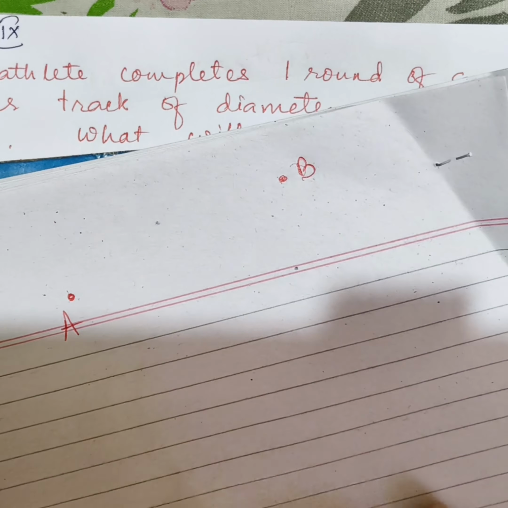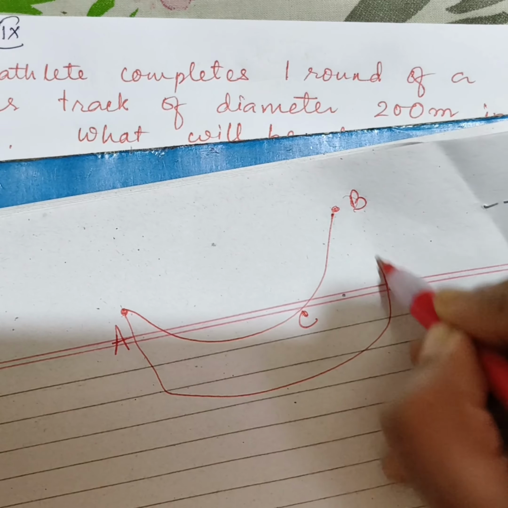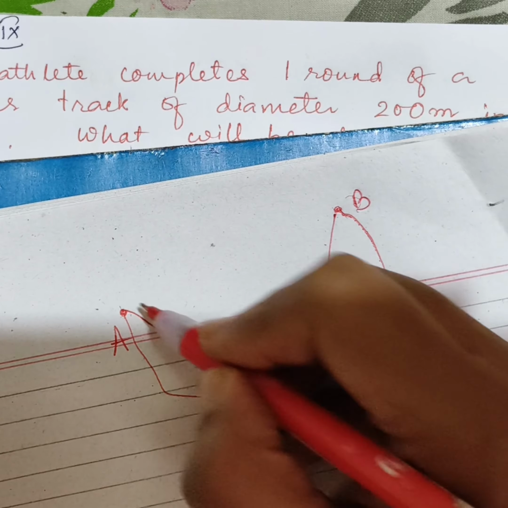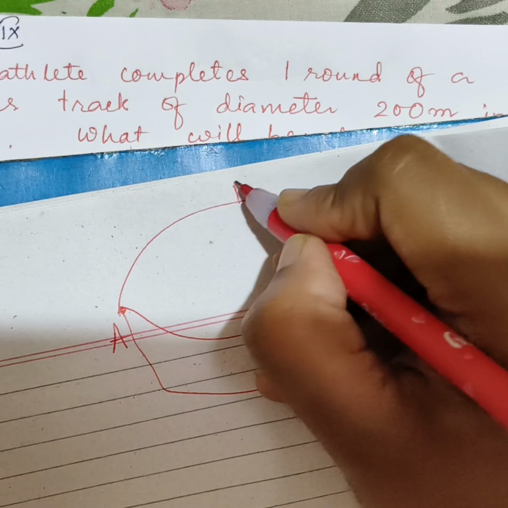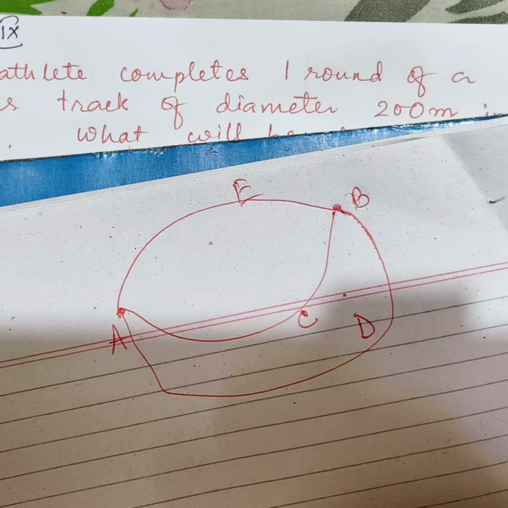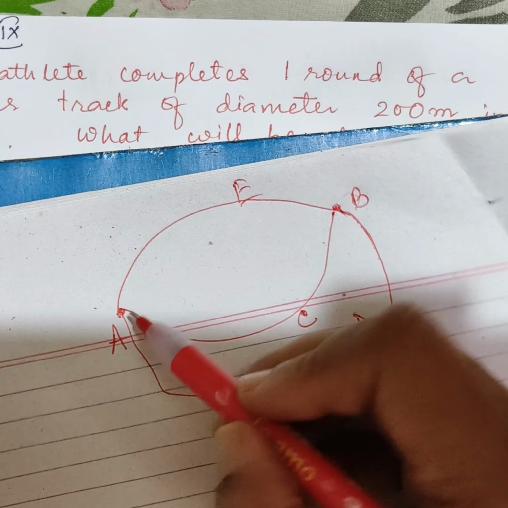It can move from A to B along path C, it can move like this along path D, and it can move like this along path E. I mean to say, it can be ACB, ADB, AEB, whatever path. So all these are different.